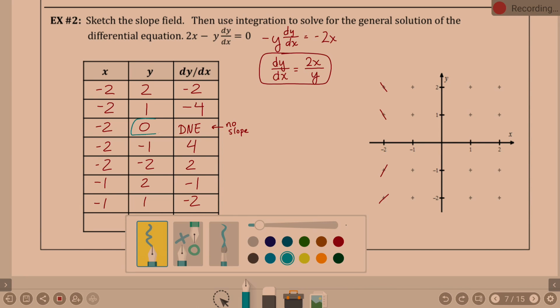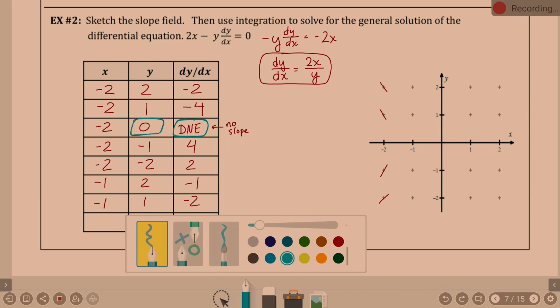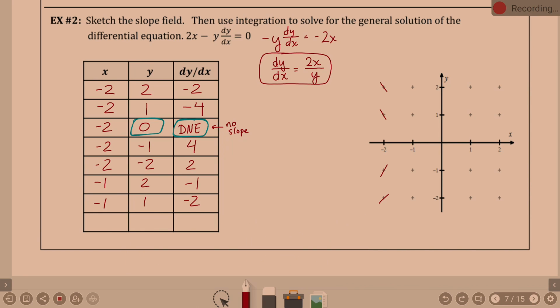There's an asymptote. Okay, well, it could be an asymptote. I'm trying to think if it guarantees an asymptote. But anytime y is 0, there's a D and E, yes? So I'm not going to waste a box putting that in. -1, -1. And -1, -2.